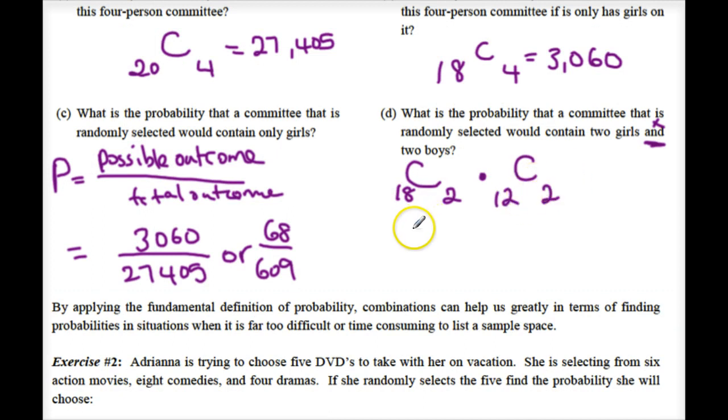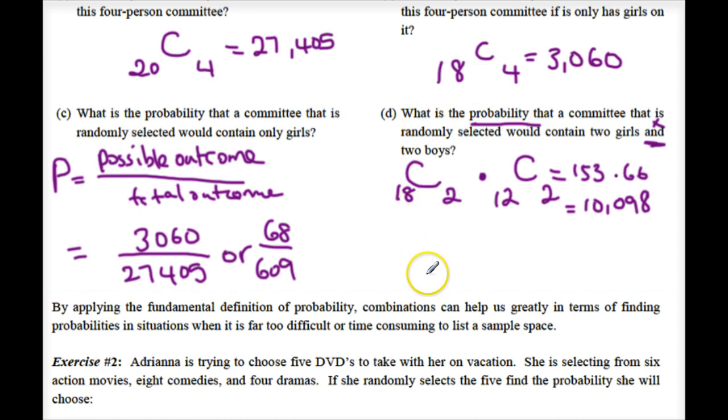This will work out to be 153 times 66, which is a total of 10,098. Now the question said, what's the probability here?